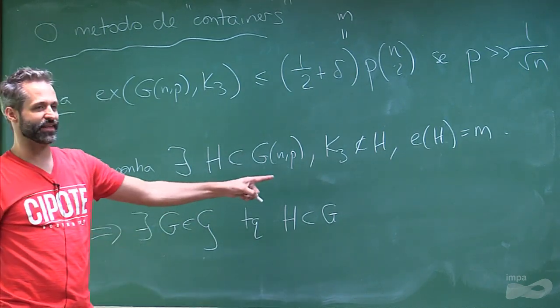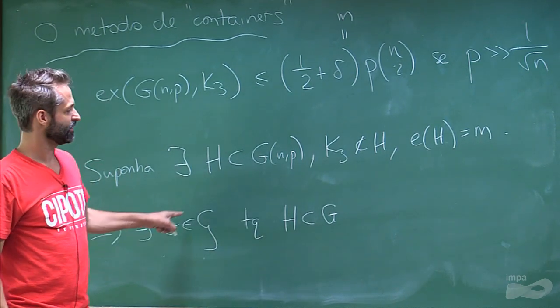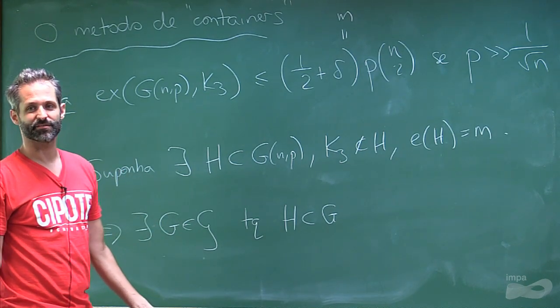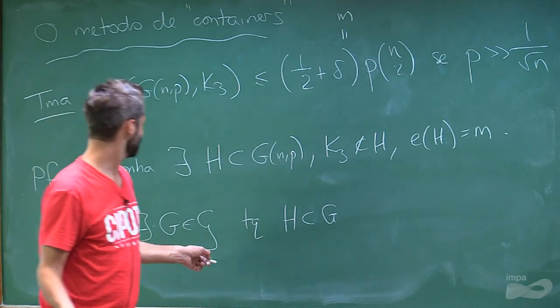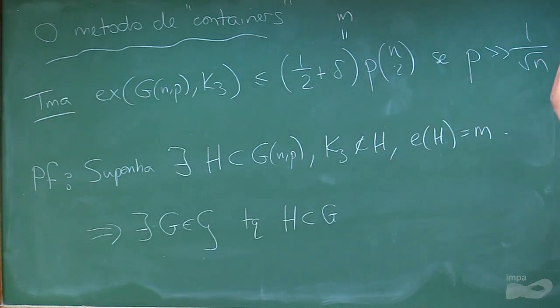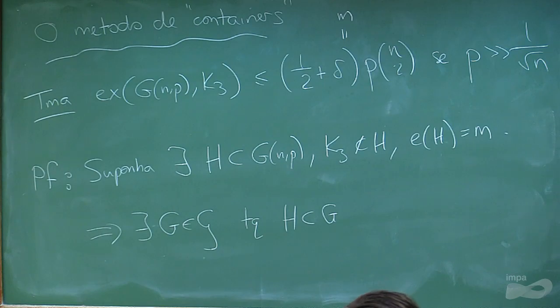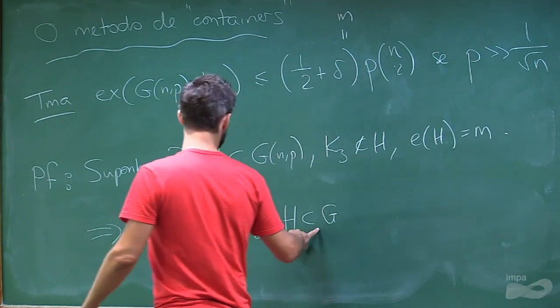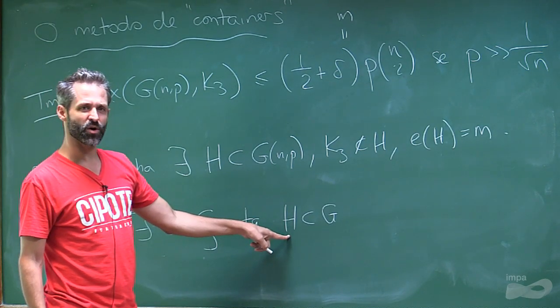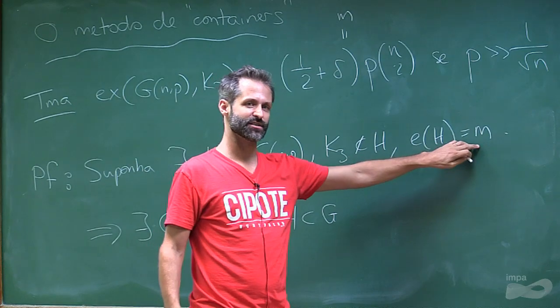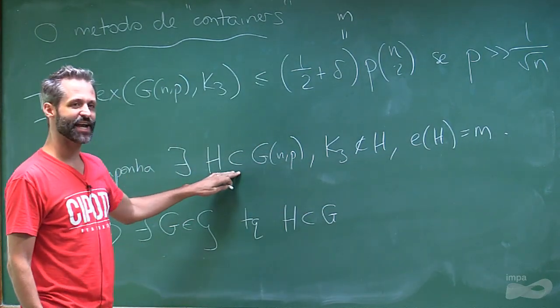So let's bound the probability of this, in the simplest possible way, just using the union bound. The probability there exists G in the collection. So what do we want? We don't want a sum over H. But what do we know? We know that H has m edges, and H is contained in G(n,p).